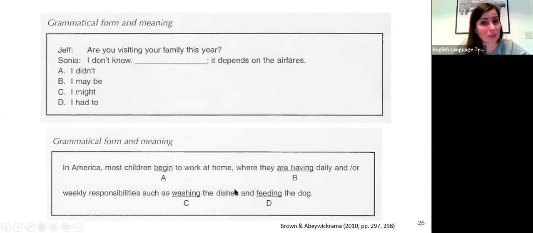This used to be a TOEFL exercise a long time ago, the paper-based TOEFL, if you're familiar with it. Choose the option that is wrong. So they would have to choose B here because the simple present should be used for daily activities and routines, right? So there is a place for this type of exercise. I'm not a huge fan of this one, but I guess there is a place for it.